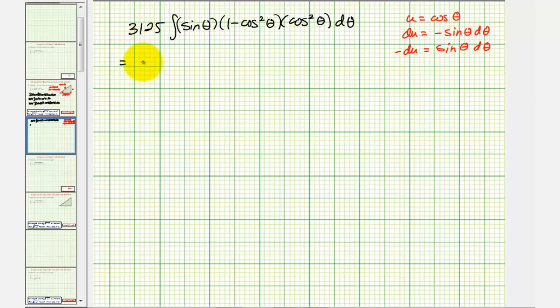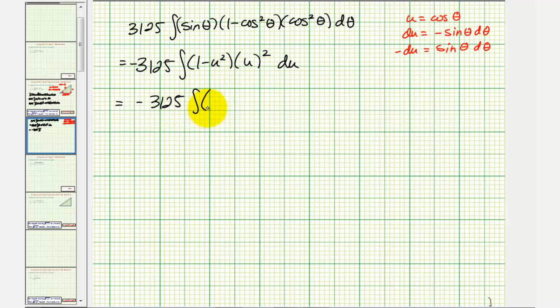So we'll have 3,125 times the integral of, again, sine theta d theta is equal to negative differential u. Let's factor out the negative. Here's our differential u. And then 1 minus cosine squared theta would be 1 minus u squared. And cosine squared theta would be u squared. Let's go ahead and distribute.